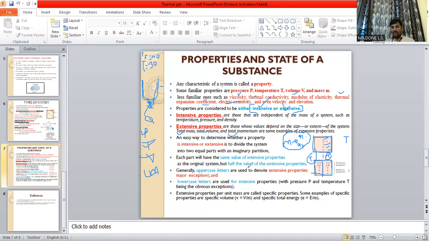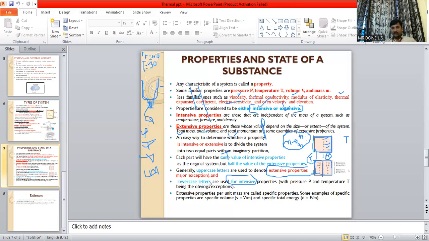Generally, uppercase letters are used to denote extensive properties, and lowercase letters are used to denote intensive properties. Keep in mind that H, the enthalpy, is denoted by capital H, and it is an extensive property. Pressure P is an intensive property, and temperature T is an intensive property.